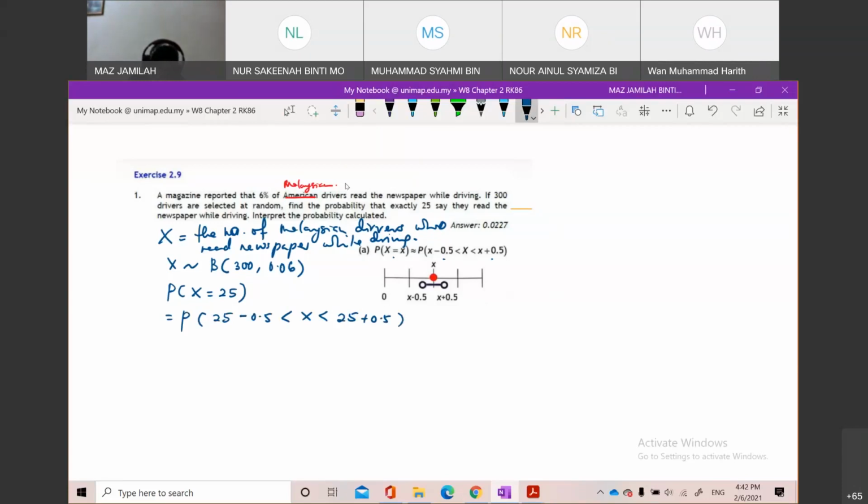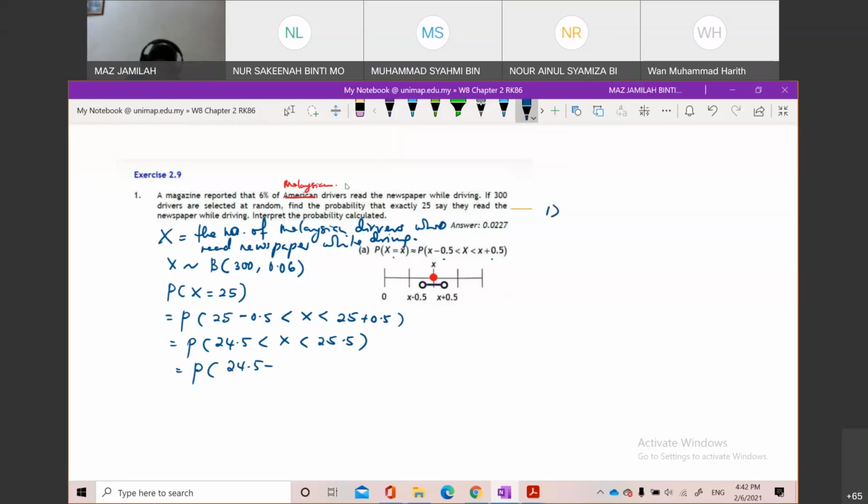This becomes P(24.5 < X < 25.5). Then transformation, sorry, we need to check first, right? No one reminded me. Okay, so check the condition.